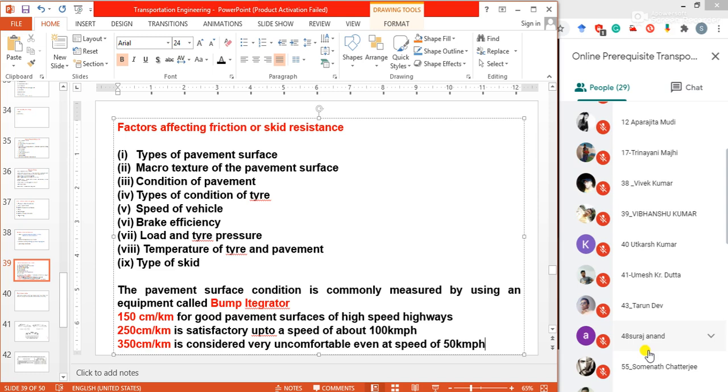Light colored or white pavement surface gives good visibility at night, particularly during rains, but produces glare and eye strain during bright sunlight. Blacktop pavement surface, on the other hand, provides very poor visibility at night, especially when the surface is wet. Normally the top portion of our surface is black due to bitumen.